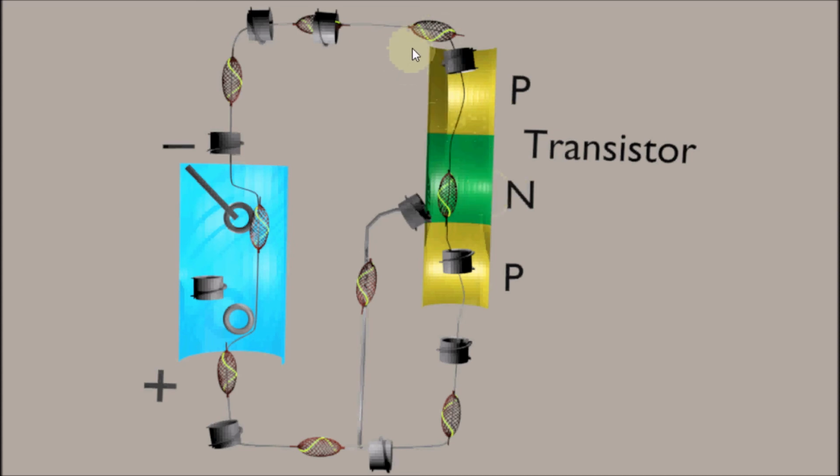So here our transistor doesn't allow the current to flow through the transistor, because this is now switched to positive. So transistors can allow a large current flow using a smaller circuit right here.